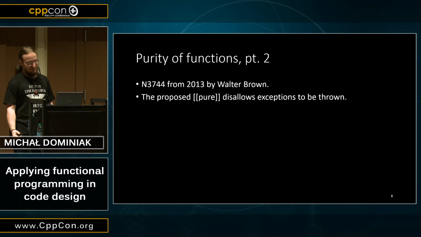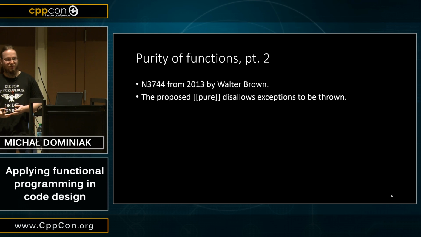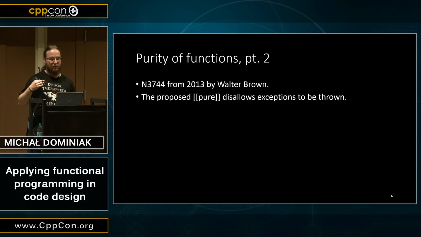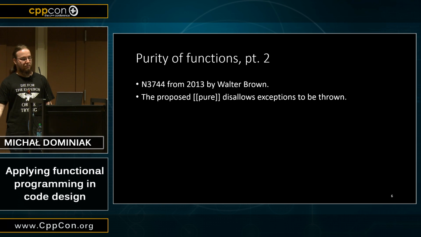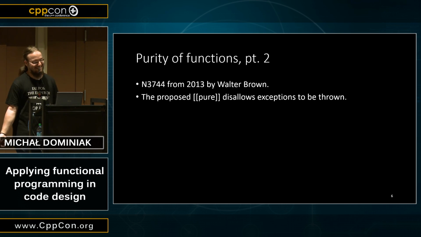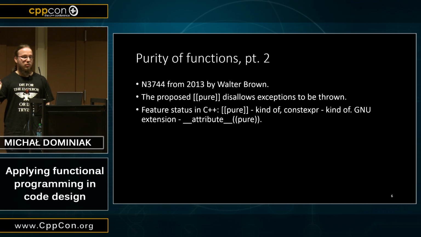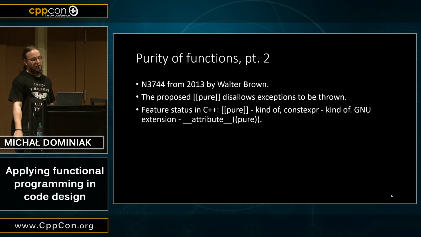I believe that in this case, if an exception is always thrown for a given set of arguments, the function is still pure. So my argument kind of follows the fact that exceptions are monadic, which I invite you to listen about in the next talk. And so in C++ we have the proposed attribute, kind of, I mean the exceptions part.